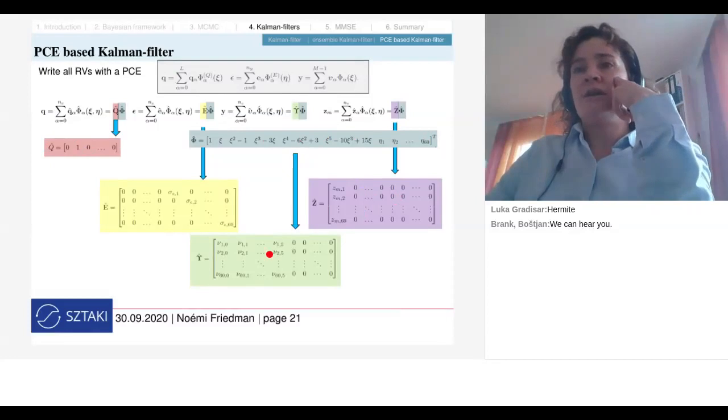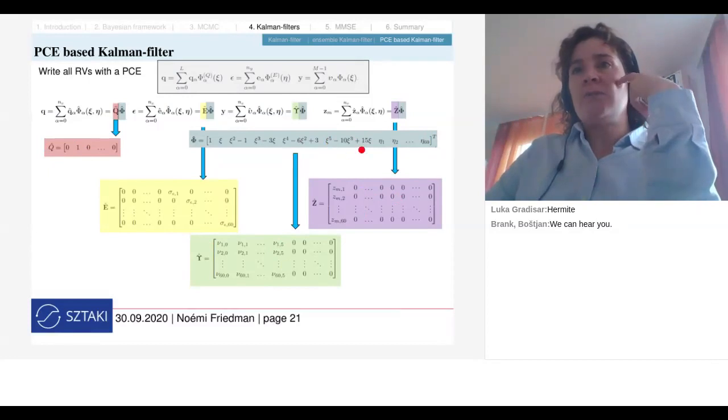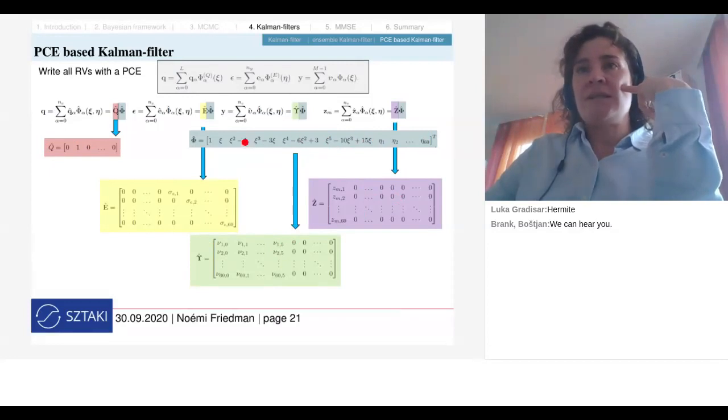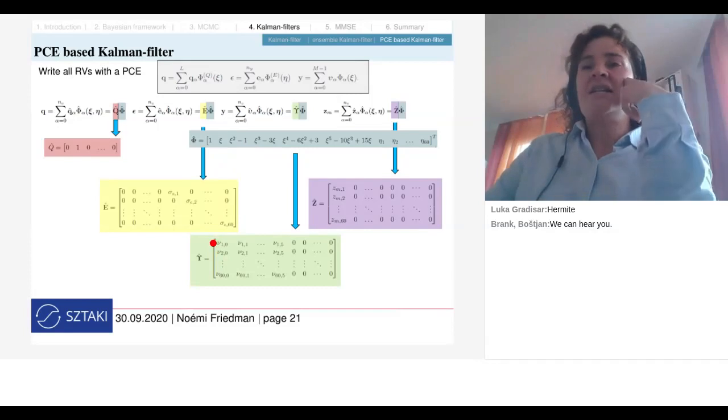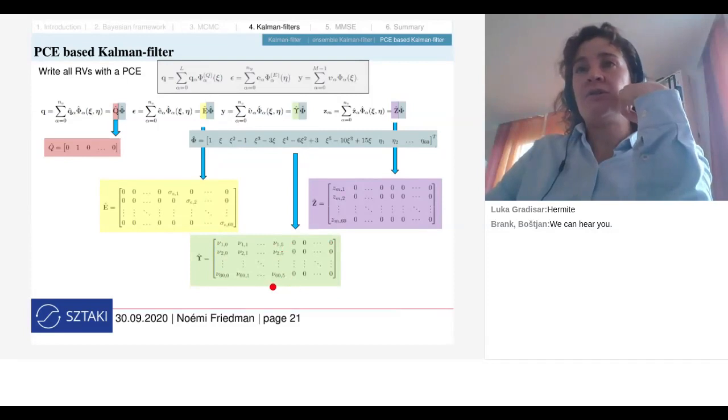And then for my PC expansion of the solution, this was my original basis until here. So if I have maybe 6 bases here, I'm not sure, I will have 6 columns here that are non-zero, and the original PC coefficients are here. And here I just have some additional zeros.